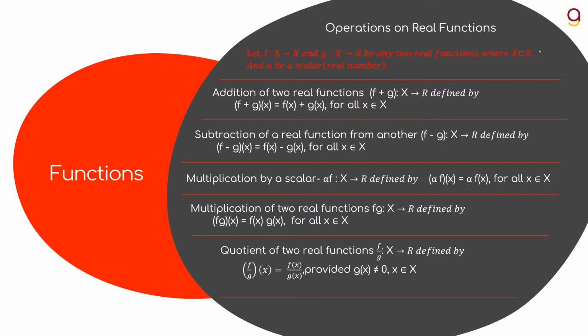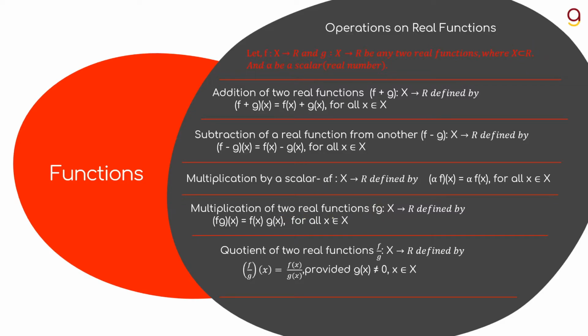Clear? Next, the multiplication of two real functions, f and g. Again we get a new function f times g, defined from X to R and defined by (fg)(x) is equal to f(x) times g(x) for all x belongs to X, where again X is a subset of real numbers.